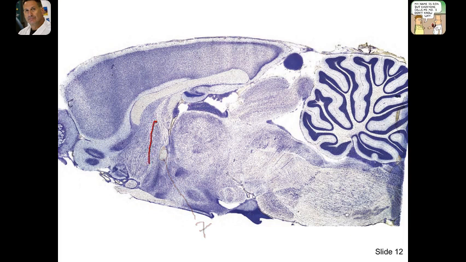This part right here is called the medial septum, and the basal forebrain is here. We have the optic chiasm.